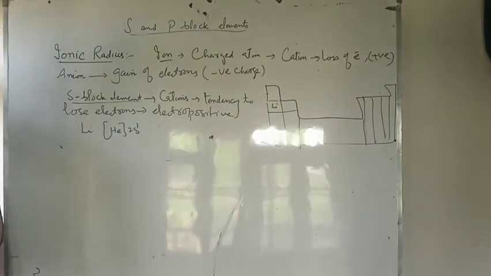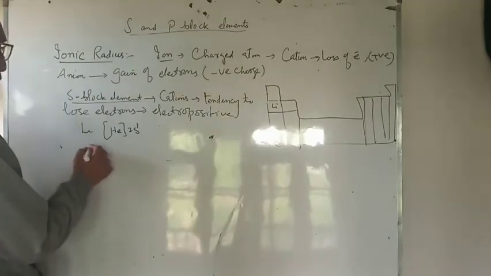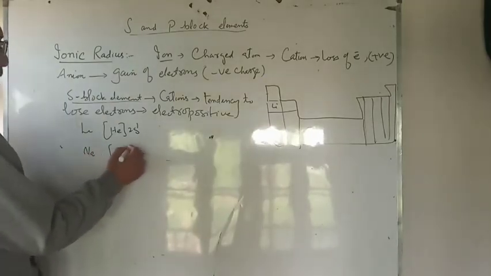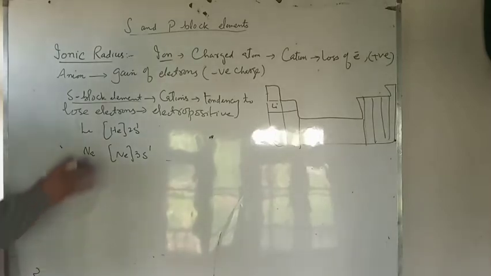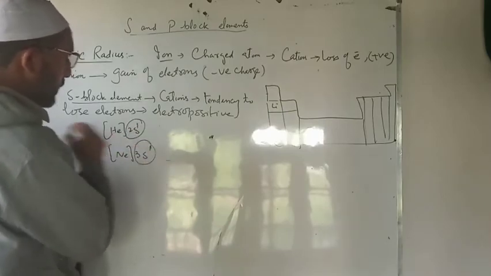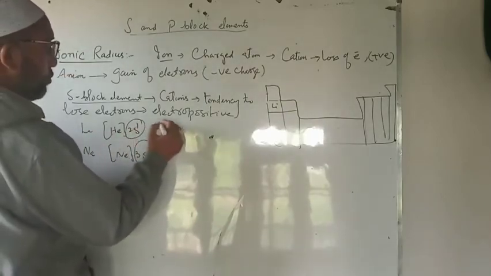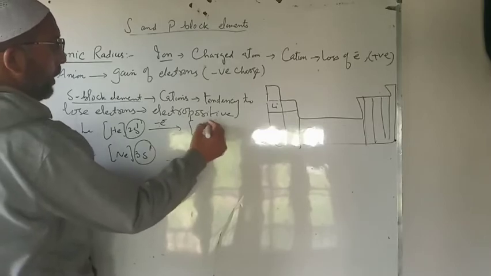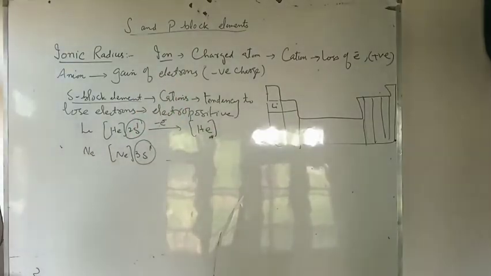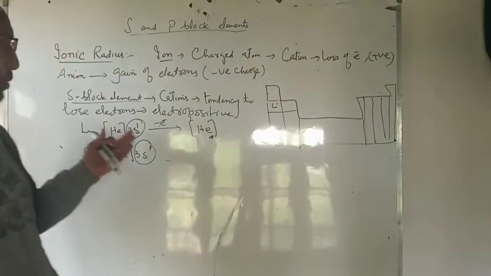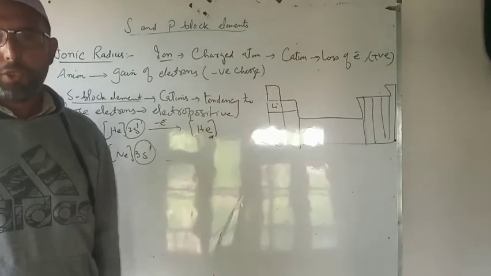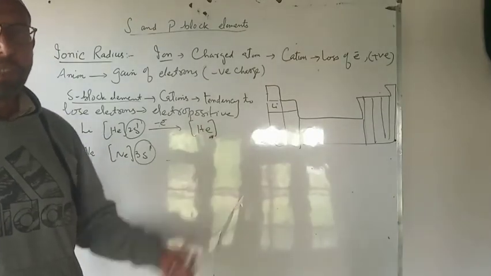Sodium, which has atomic number 11, has electronic configuration neon and 3s1. In the same way, potassium has argon and 4s1. If lithium loses one electron, it will attain the electronic configuration similar to that of helium. Since helium is a noble gas, by losing an electron, lithium changes into a stable electronic configuration.